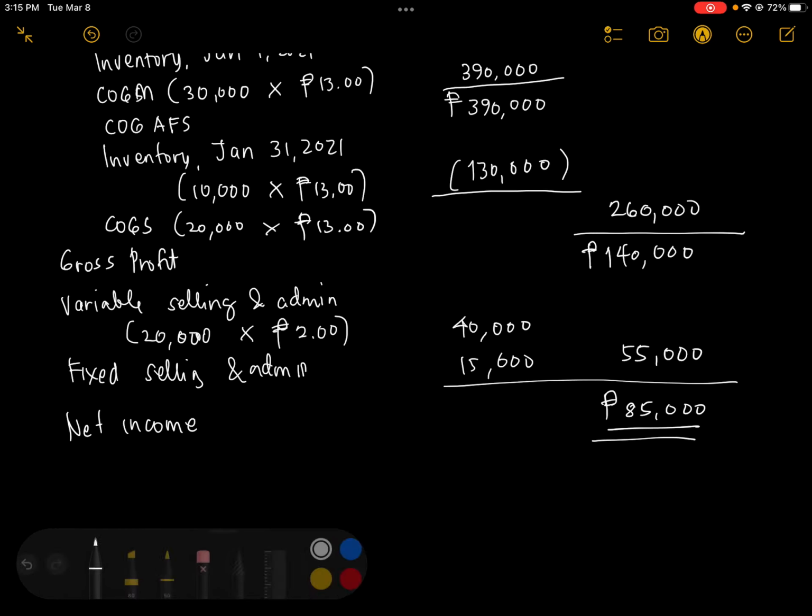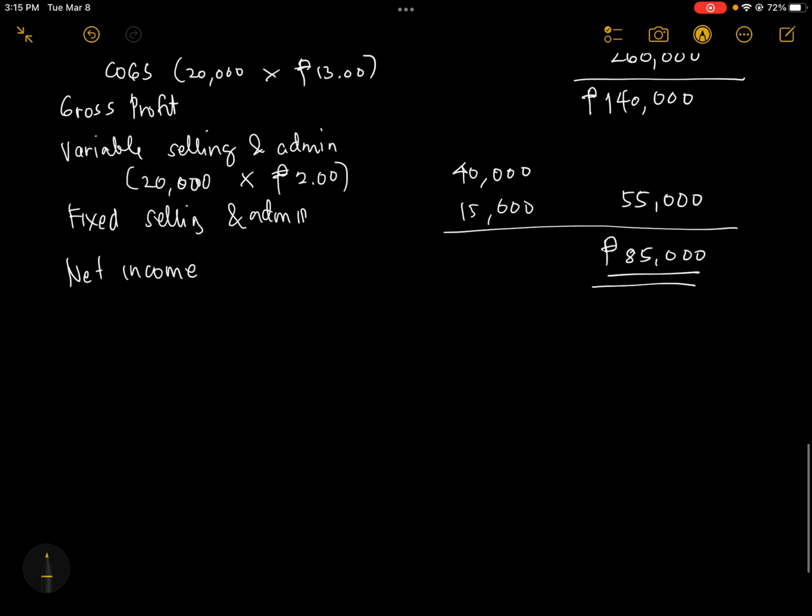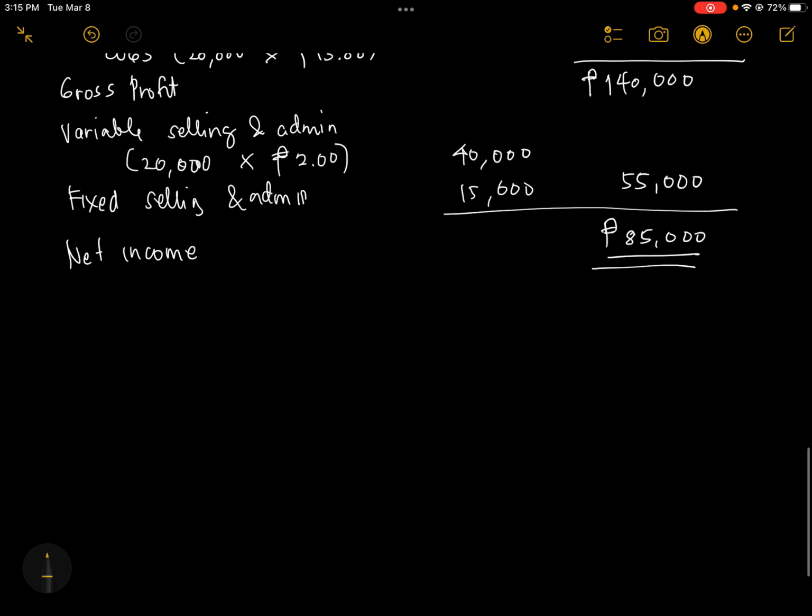On the other hand, let's compute now the net income under the variable costing. This is an alternative approach in the computation of net income, but again, variable costing is not an acceptable method of reporting as far as GAAP is concerned.